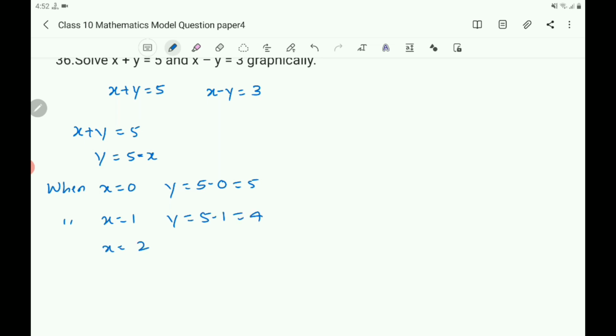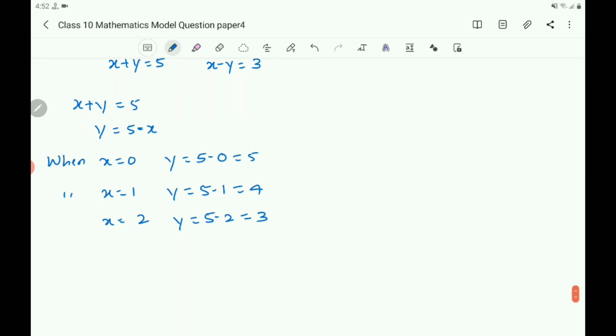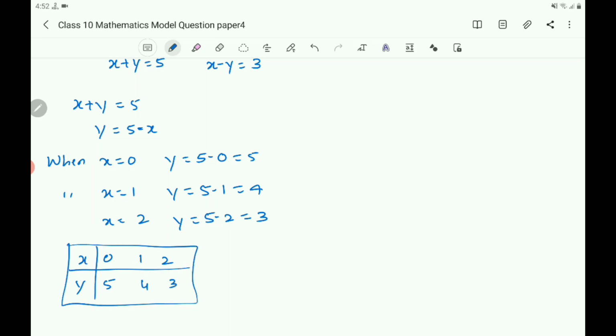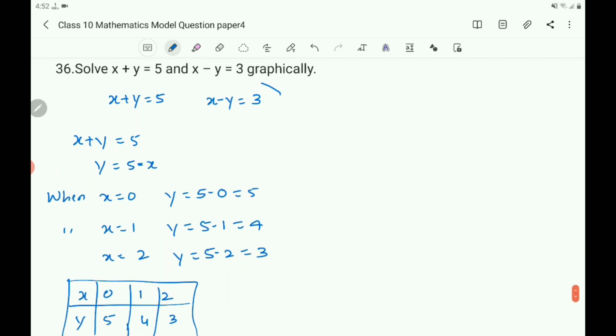And when x equals 2, y equals 5 minus 2 equals 3. So let us have the values of x and y. They are 0, 1, 2, and the corresponding values of y are 5, 4, 3. You got the column for the first equation. Now you take x minus y equals 3.